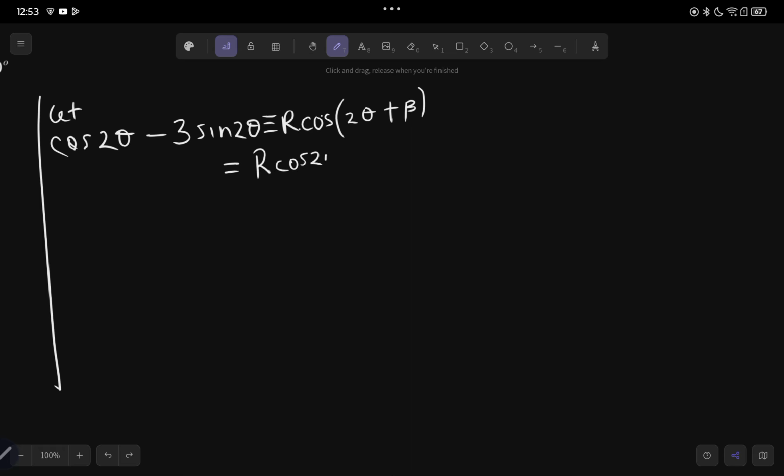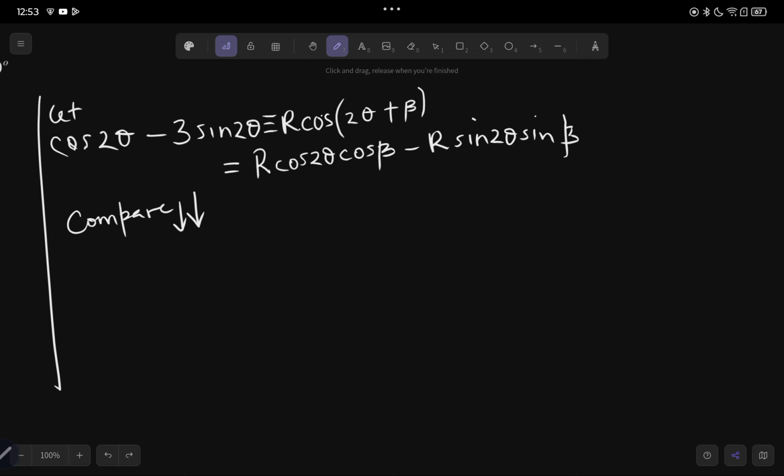R cos 2 theta cos beta minus r sin 2 theta sin beta. Then we compare. You know what to compare there. Compare coefficients of cos 2 theta, compare coefficients of sin 2 theta. Revisit our last episodes to get what we used to do there.